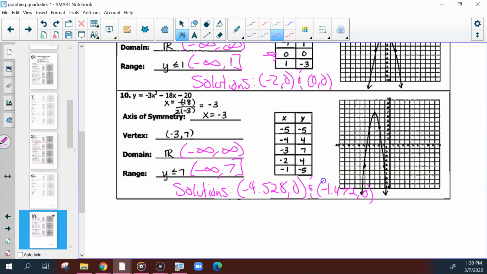That one, the decimal was off for both. So this, I'm going to pass this up to you, and then I want you practicing both your graphing and finding your solutions.